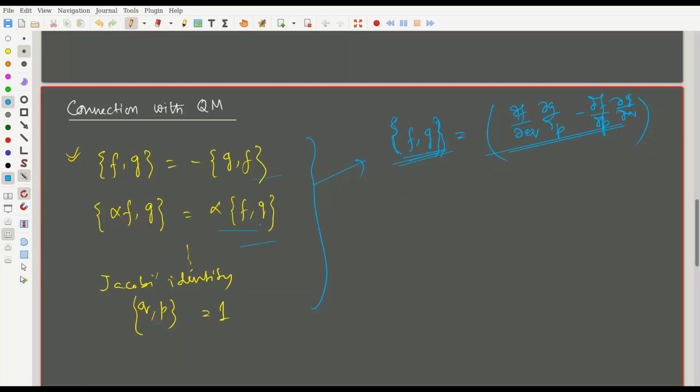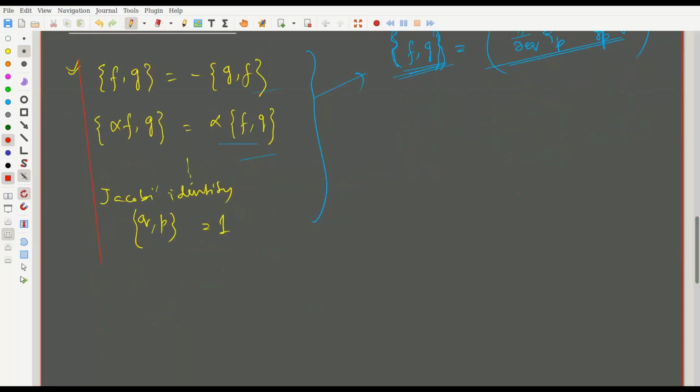Rather, what I am asking is that I need to satisfy these things. These are my fundamental quantities. Then how many types of interpretations can I make for F and G? I notice that not only this, but if I interpret F and G as operators, then also these things are satisfied. So instead of writing F, G like this, I can write F and G as my operators.